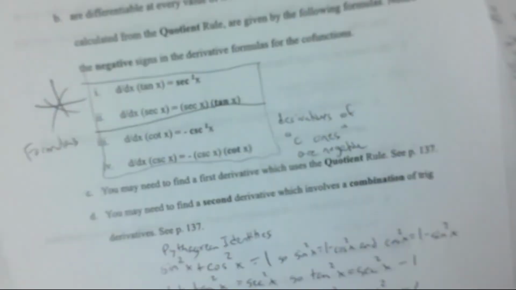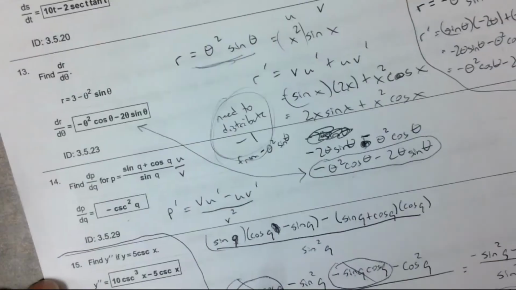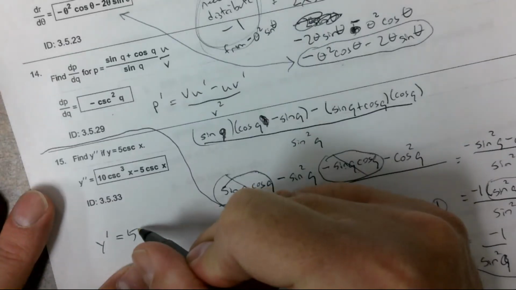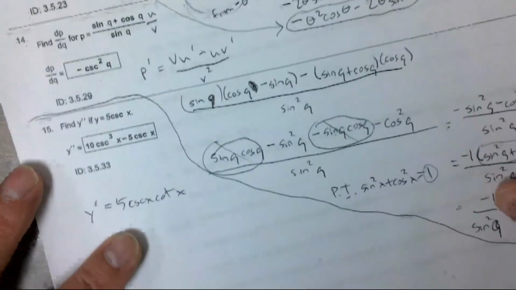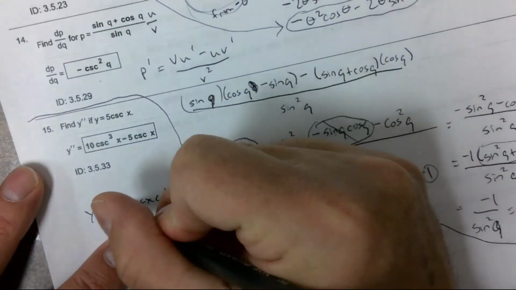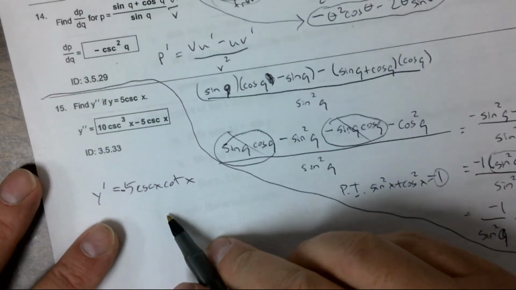It's negative cosecant cotangent. So I'm going to put the little negative sign in front of everything. Okay, so that's your first derivative.